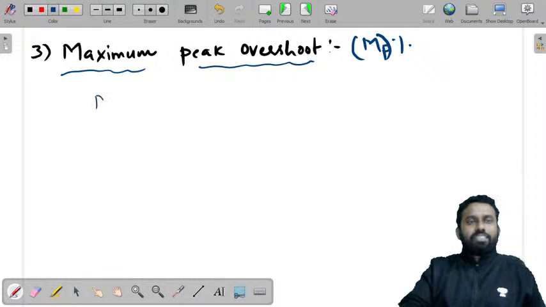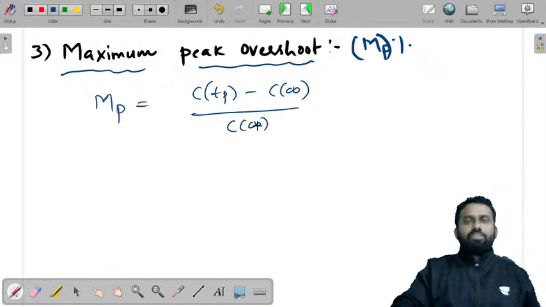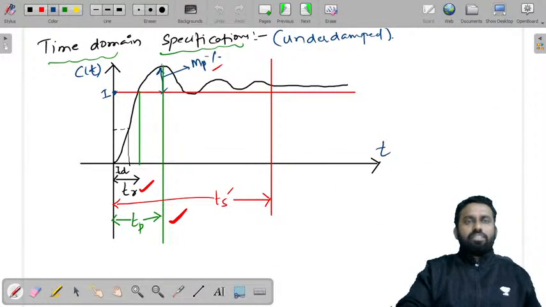So what is this maximum peak overshoot? It is C of Tp minus C of infinity by C of infinity into 100. So this is C of Tp. You can just look at this. Here you have Tp, right? C of Tp minus C of infinity is nothing but this value.